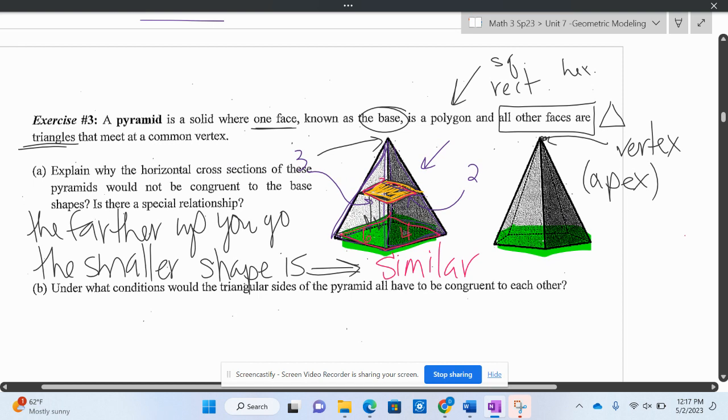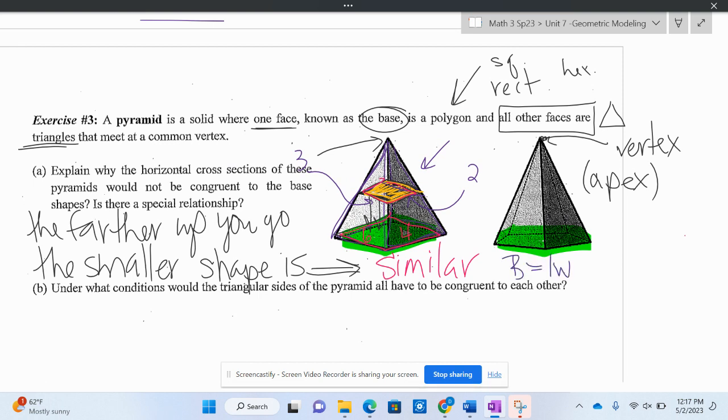From the base measurements, my length and my width are in the proportion of 6 to 4. You could write it like this, or as a fraction. And the cross section is in a proportion of 3 to 2, or 3 over 2.